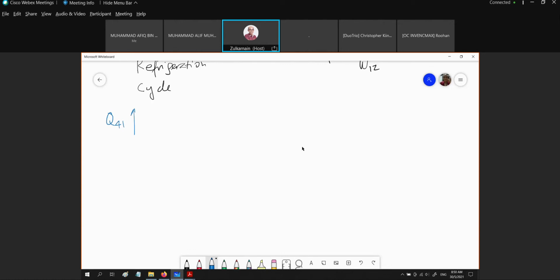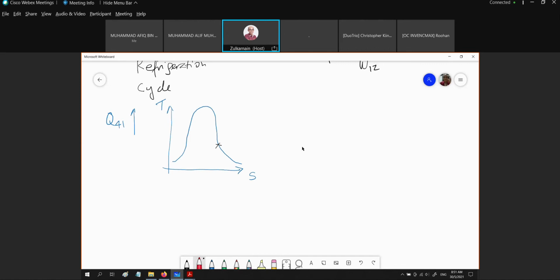But we are going to change the process at the evaporator side. What we are going to do is move point 1 to the saturated vapor.